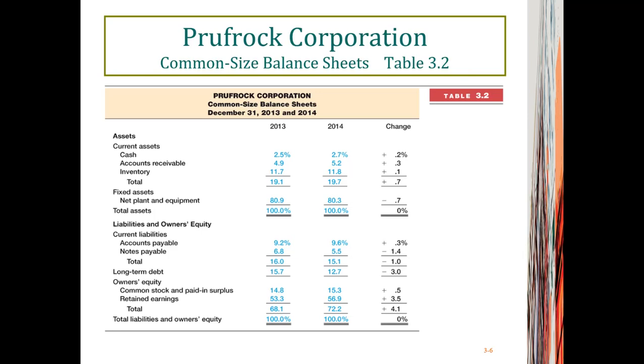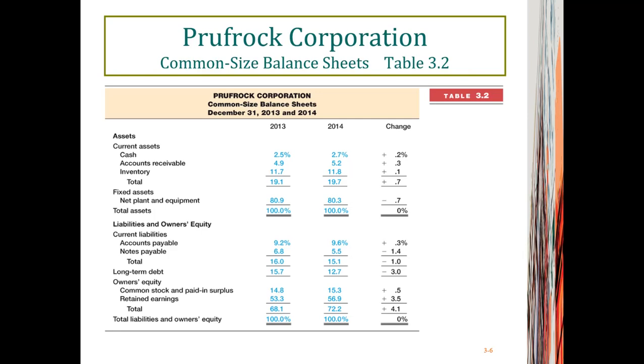And for liabilities and owner's equity, you see that in year 2013, total current liability accounted for 16% of total assets, while the long-term debt accounted for nearly 16% of total assets. And owner's equity accounted for 68% of total assets in this company.